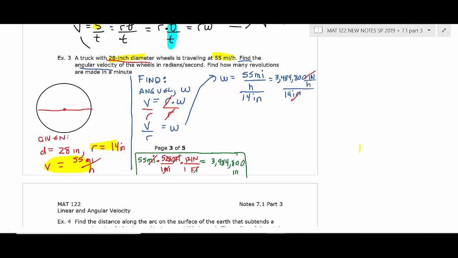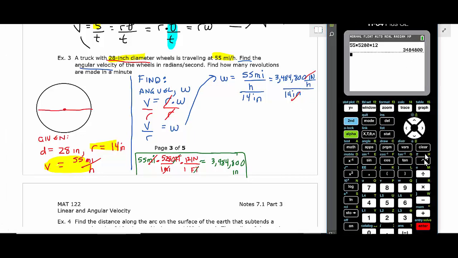I'm going to divide this number by 14, and we're in radians per hour. So omega equals 248,914.3 radians per hour. Remember, radians is unitless, so I put it in there as a placeholder. Technically, it turned out to just be per hour, but we want to use radians per hour.